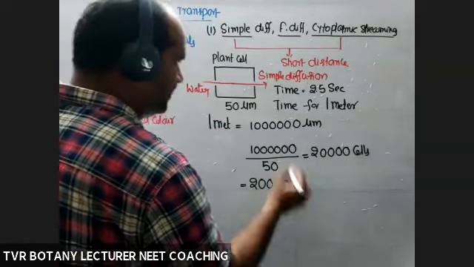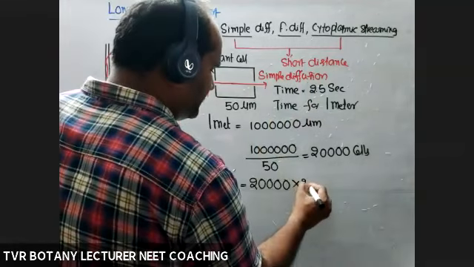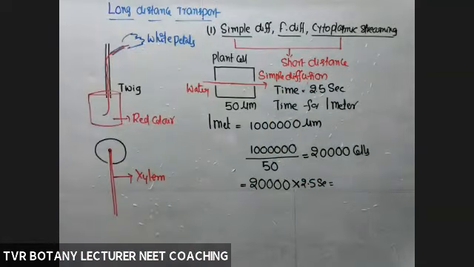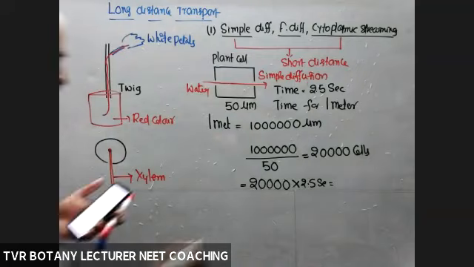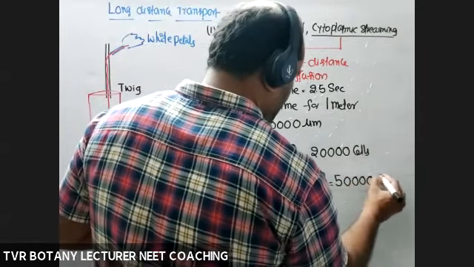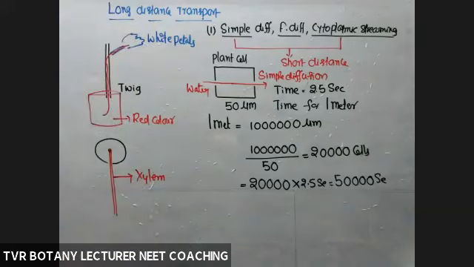Per cell, what about the time required? 2.5 seconds. So how much time is consumed? 20,000 into 2.5 seconds. How many seconds? 50,000 seconds.